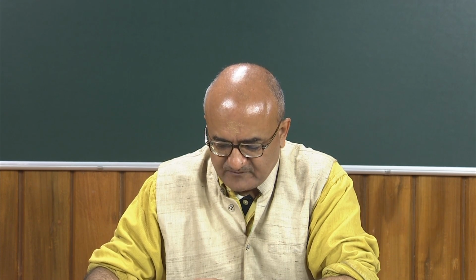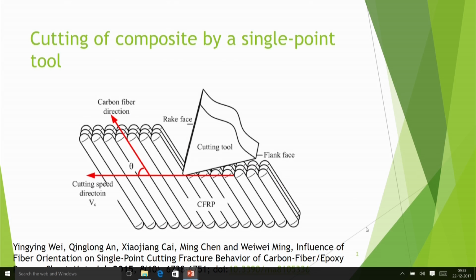Now just going to this one, this is a simple cutting tool. It is showing the cutting of a composite by a single point tool. Here this is a cutting tool and this one is perpendicular to the plane of this screen. There is a cutting edge, and this face is the rake face on which the chips will slide.